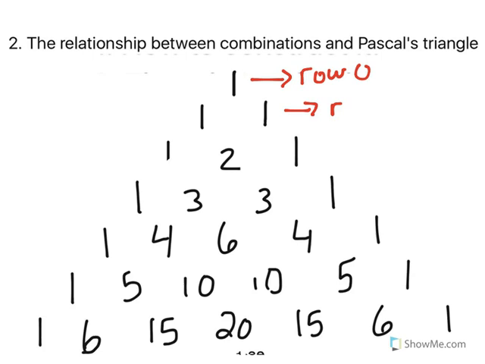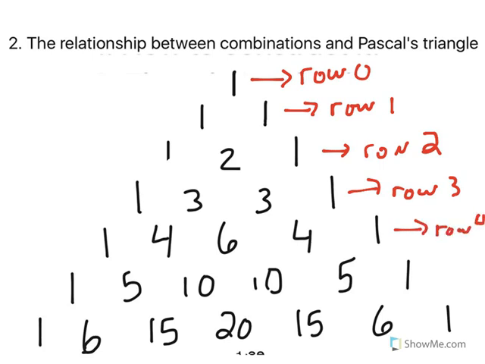So therefore, this is row 1, row 2, row 3, row 4, and so on. So it's actually the second number in that always tells you what row it is. Here's row 5, and there's row 6.